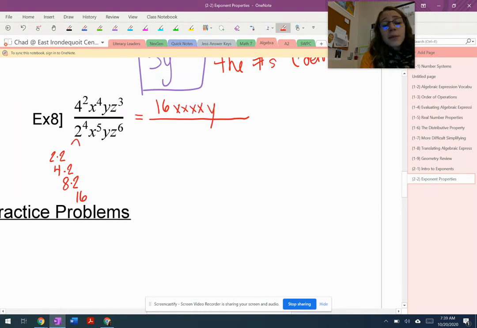And now careful here, because even though that Y is technically next to that Z, that Y does not have an exponent of 3. Only the Z piece does there. We decided that 2 to the 4th power was also 16. 1, 2, 3, 4, 5 X's, another Y on the bottom, and 6 Z's on the bottom. 1, 2, 3, 4, 5, 6.